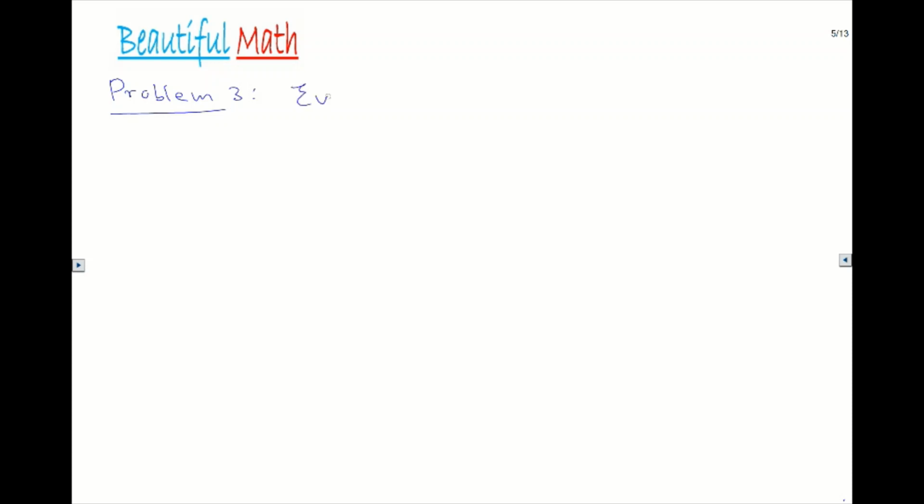Evaluate the integral of the square root of 1 minus x over 1 plus x, dx. And we're going to see how the math works behind it.